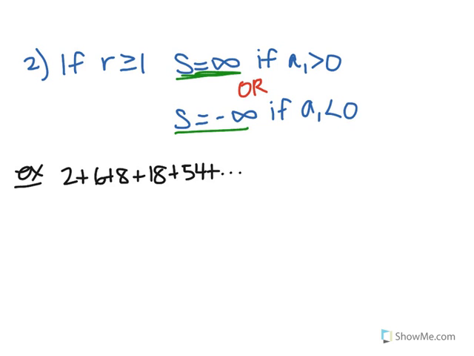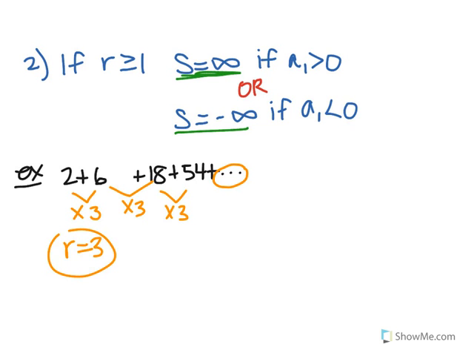So here's an infinite geometric series, infinite from the dot dot dot, geometric because I'm multiplying by 3. I had put an 8 in there, it wasn't supposed to be there. When I multiply 6 by 3, I get 18, and then 18 by 3, I get 54. So this is geometric where r is equal to 3.